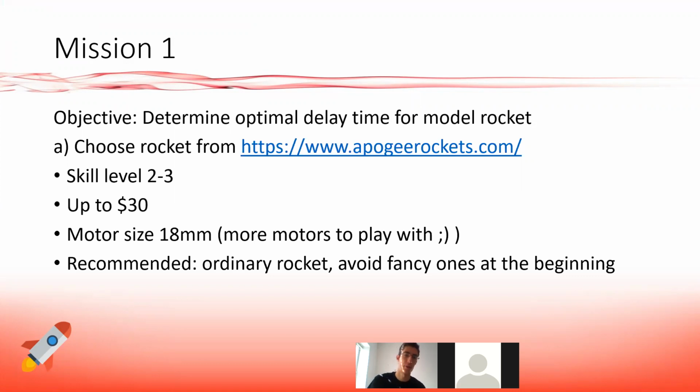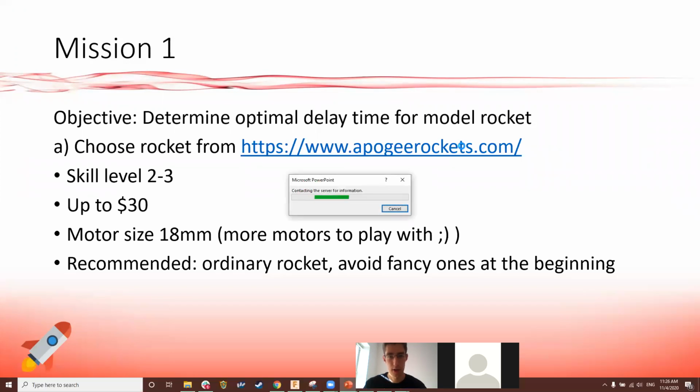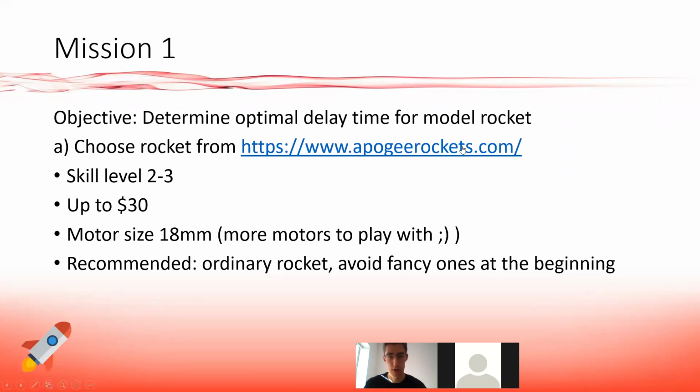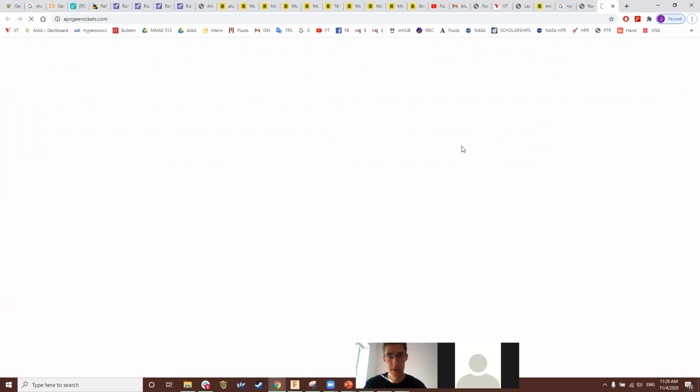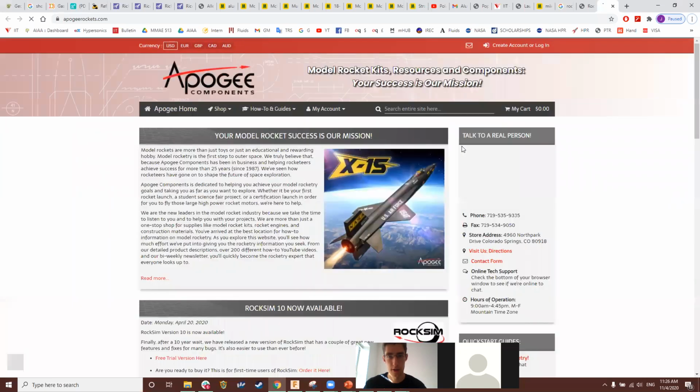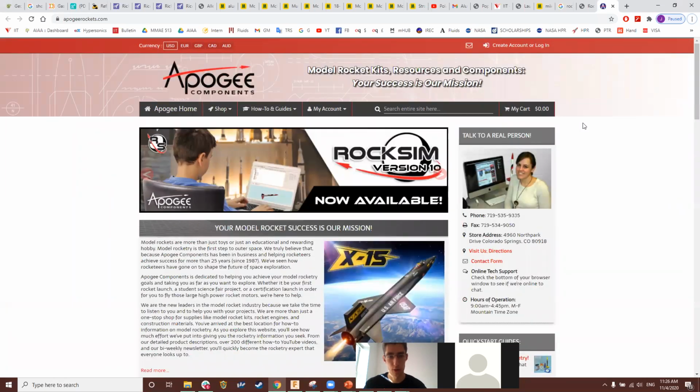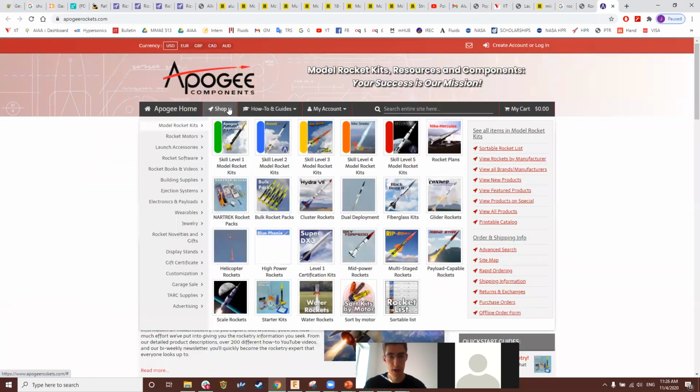Okay, just as a practice, you can go to apogeerockets.com. It's a pretty good website to search for rockets and rocket components.